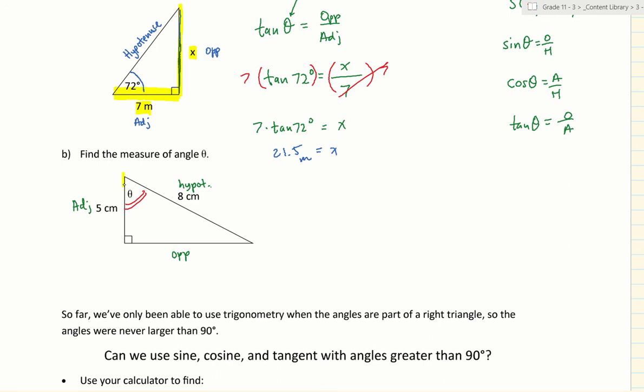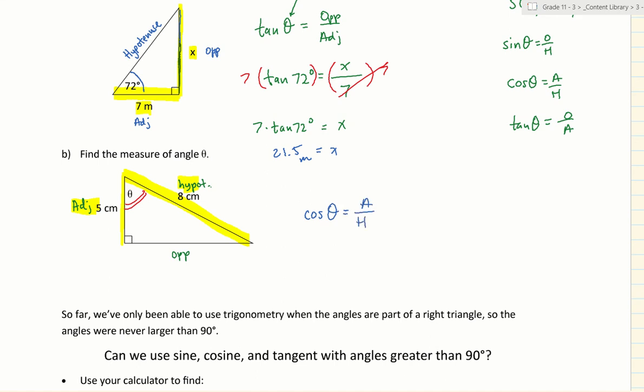So in order to find the angle, we're going to work with a side that we know, the adjacent, and another side we know, the hypotenuse. So we have to now choose the correct trig function that involves both of those things. So A over H is cosine, so cosine of an angle is adjacent side over the hypotenuse side.